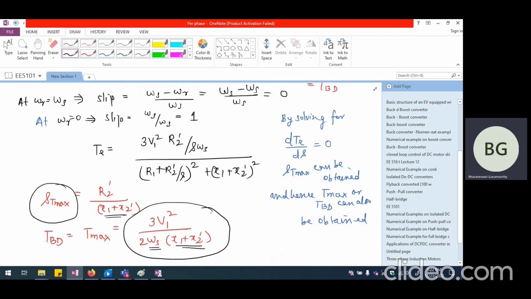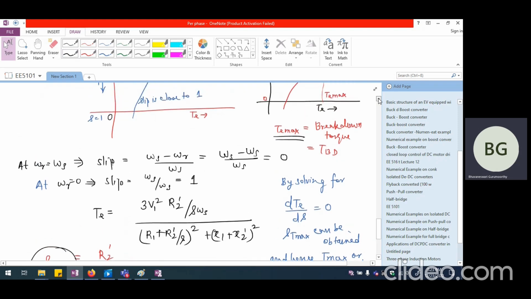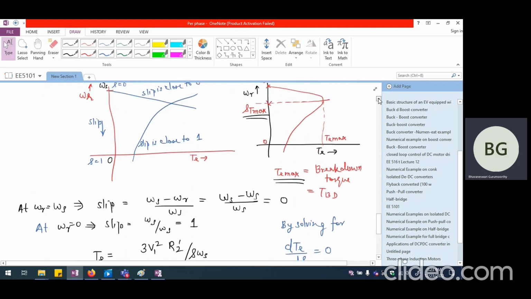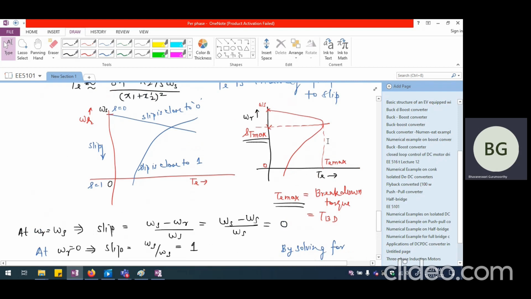So what we have seen so far is the basic working of an induction motor, its basic speed torque characteristics, and we have also looked at the expression for torque and so on. Induction motor speed torque characteristics are extremely important, and because the induction motor was originally used in Tesla's first model of the car, Model X or something, I think it's very important to understand how the speed control of an induction motor is done.